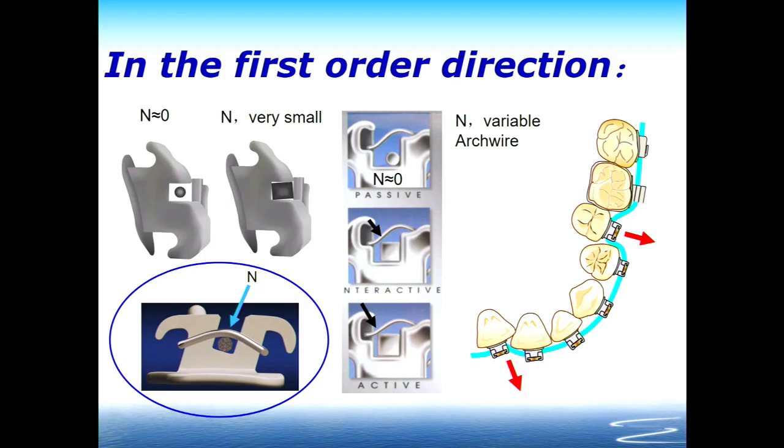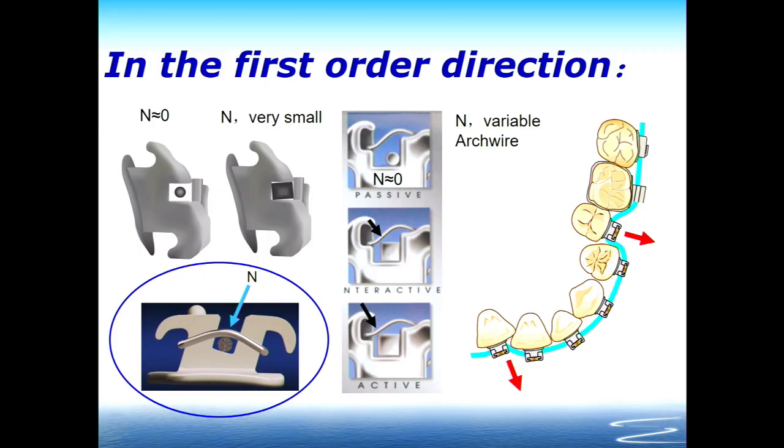That means the tooth gets labial or lingual movement. So the slot depth is the key point for friction. For conventional brackets, we have a ligature wire or elastic ligature ring. We get a conventional pressure and a friction force.